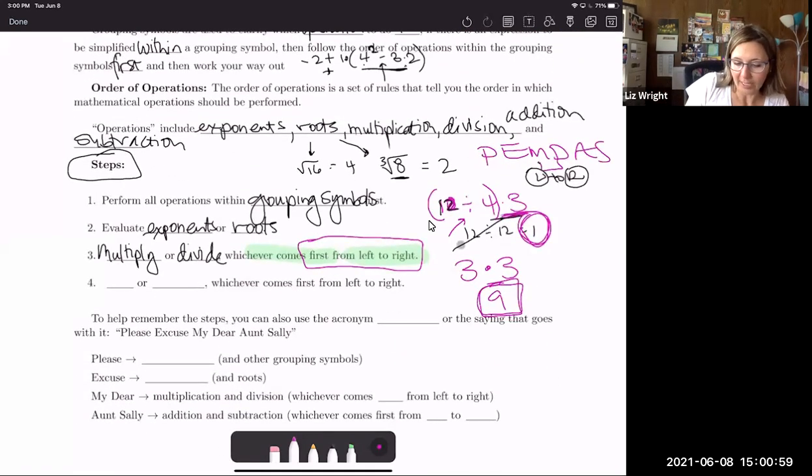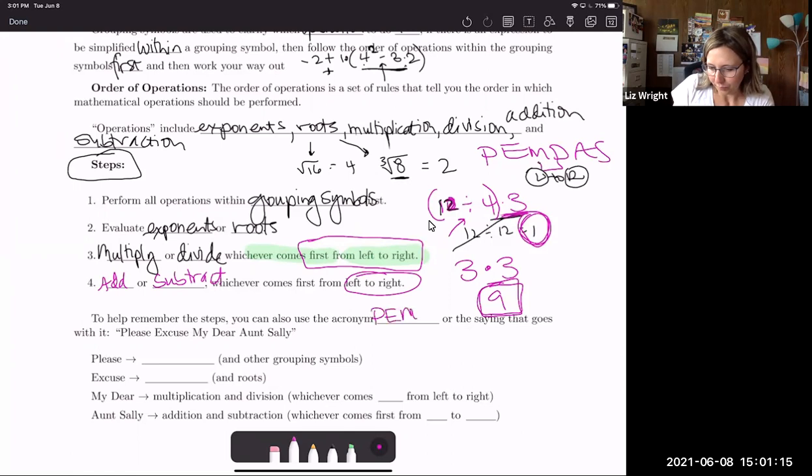And then same thing, we're going to add or subtract from left to right, whichever one comes first. To help remember the steps, you can also use the acronym PEMDAS. The P would be your parentheses or your grouping symbols, but I've also heard people call it GEMDAS because it should be grouping symbols, not just parentheses.